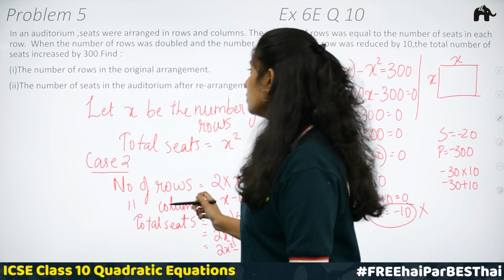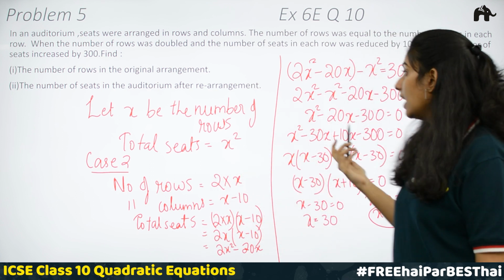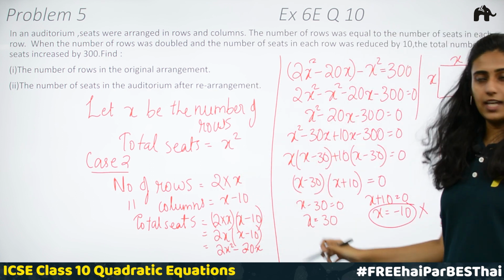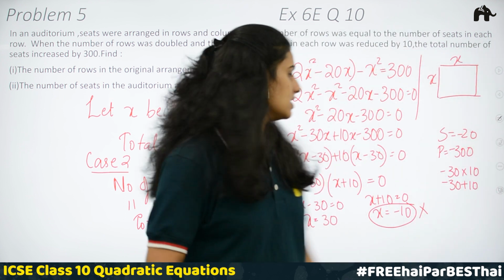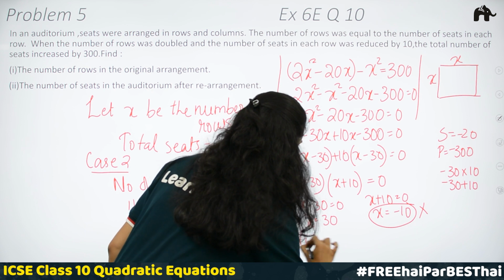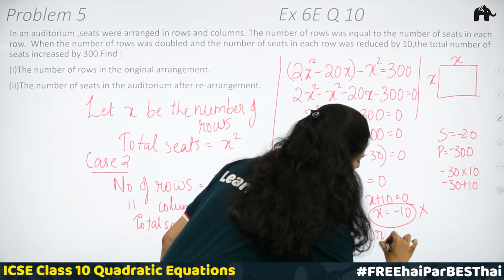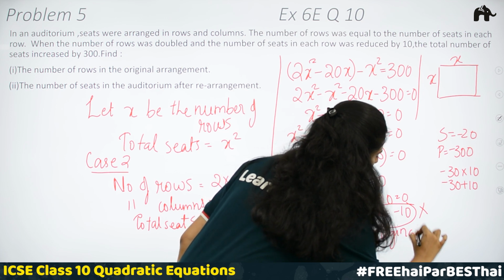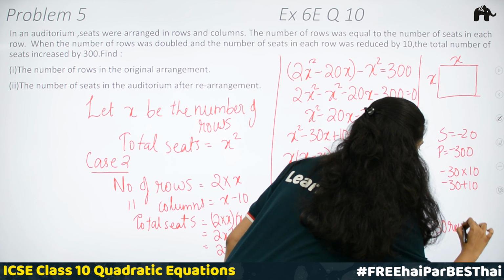Here, in the first question, the number of rows in the original arrangement is x, and we got the value of x. The number of rows in the original arrangement is equal to 30 rows.